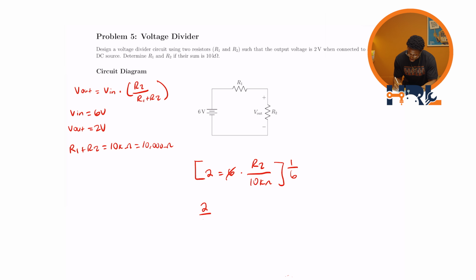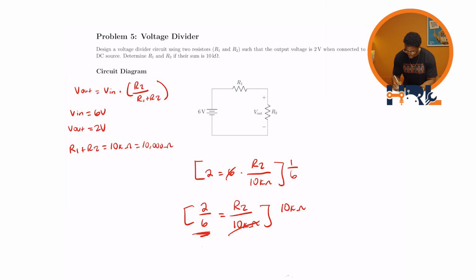So we have 2 over 6 is equal to R2 divided by 10 kiloohms. Remember your units. Now we're going to multiply both sides by 10 kiloohms to cancel out this term, and it's going to apply to the left-hand side.